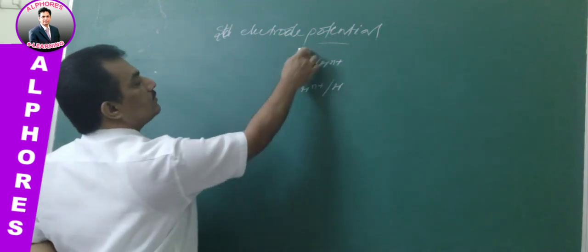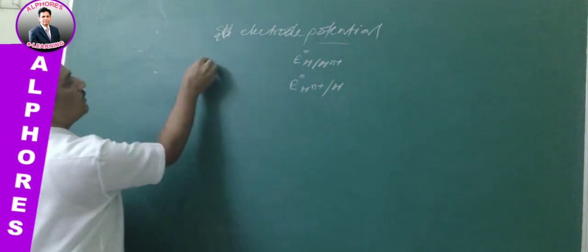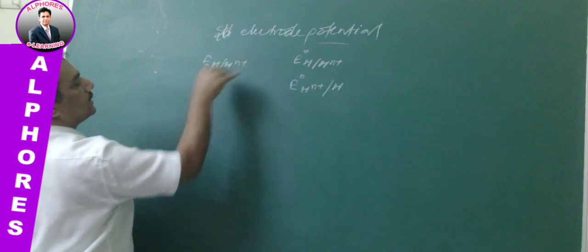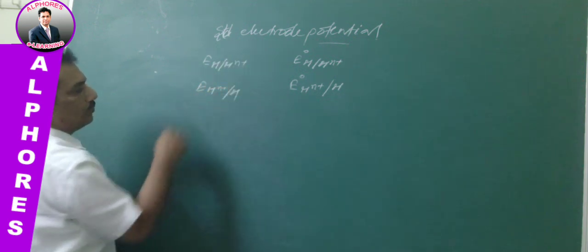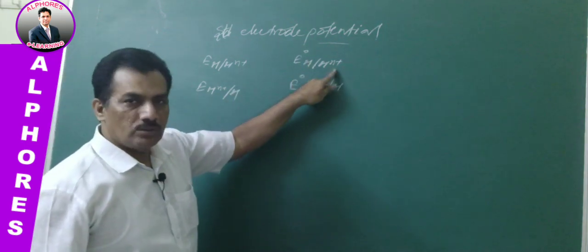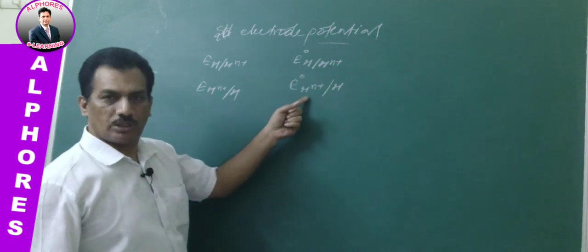Altogether, standard is denoted with naught. In case it is electrode potential, we can just write E M to M n plus, E M n plus to M. Just observe here: metal oxidized, so oxidation potential; metal ion reduced, so reduction potential.